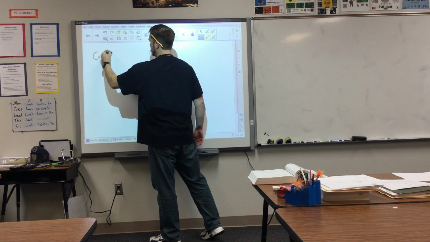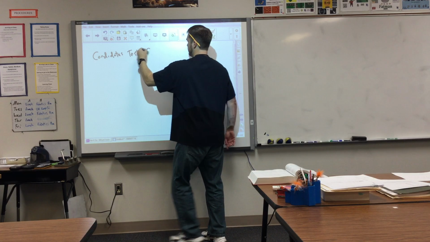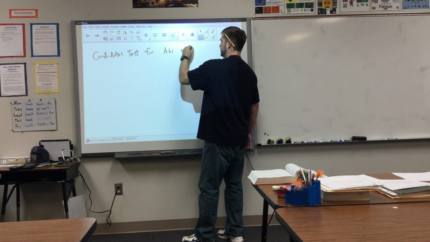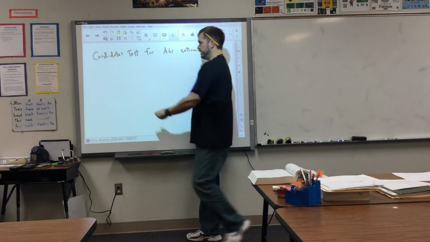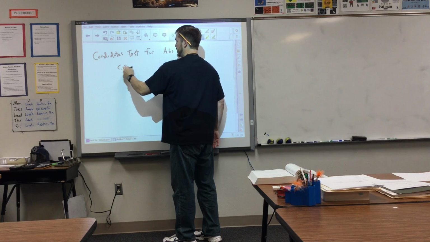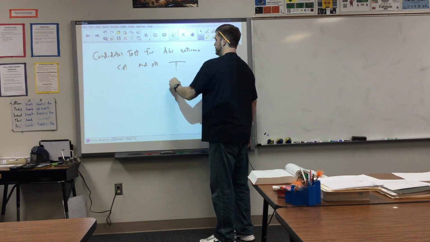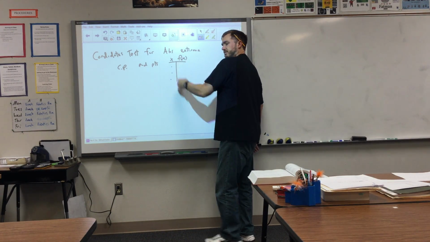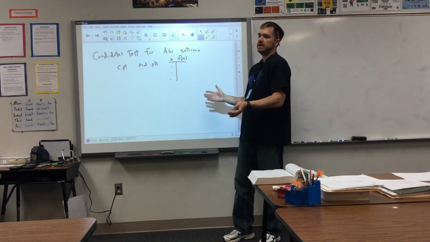We talked about the candidates test for absolute extrema. That was, you find the critical points, you find the endpoints, and then you literally just make a table with those and f of x, and you figure out who's the highest and who's the lowest. That's called the candidates test.